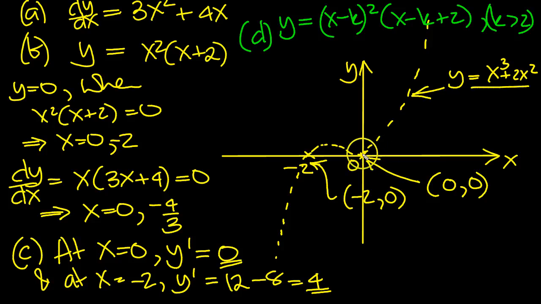K is bigger than 2, so it's as though that one moves over to here, and this is a value k. And this value must shift over as well. Shifted over k, and k is bigger than 2, so it will shift over here.